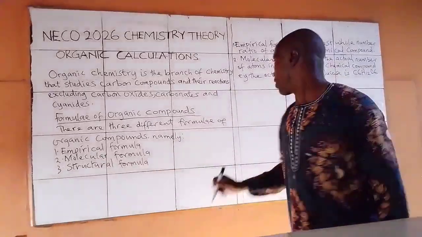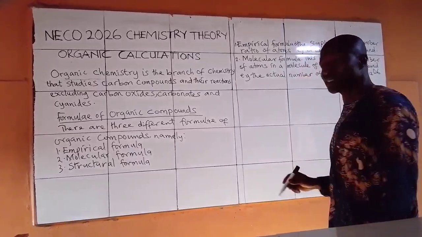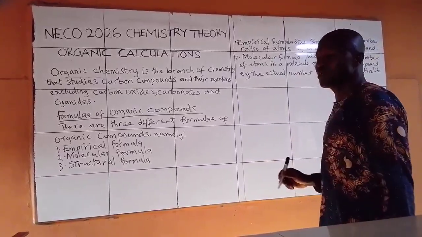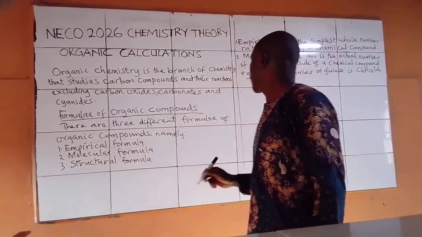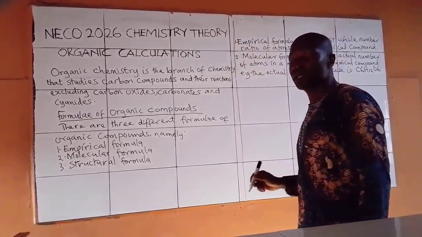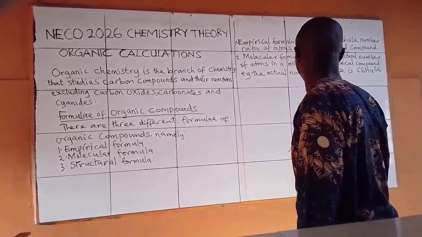The actual number of atoms in glucose is C6H12O6, while for the empirical formula, the simplest whole number ratio of atoms of glucose is CH2O.